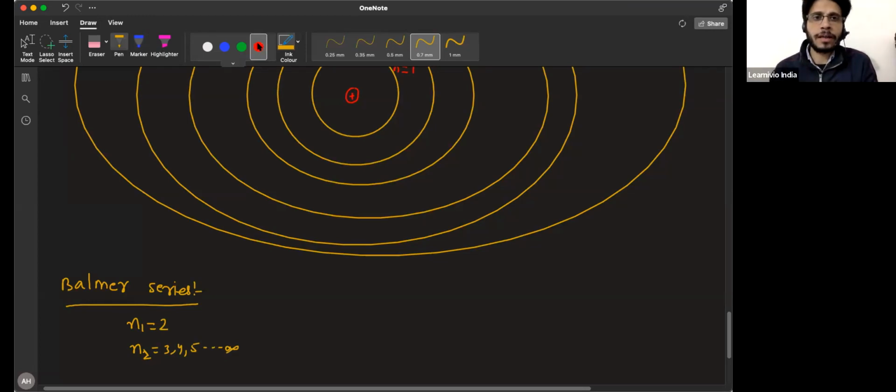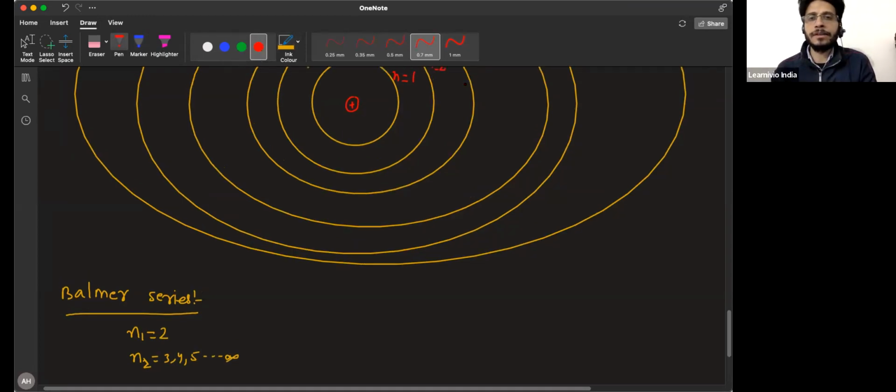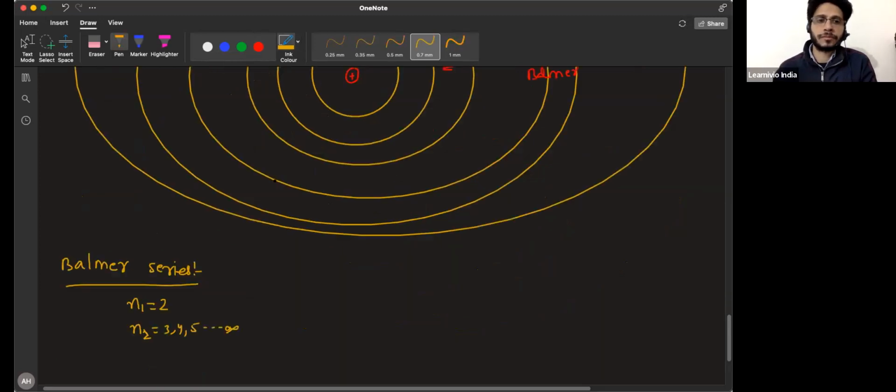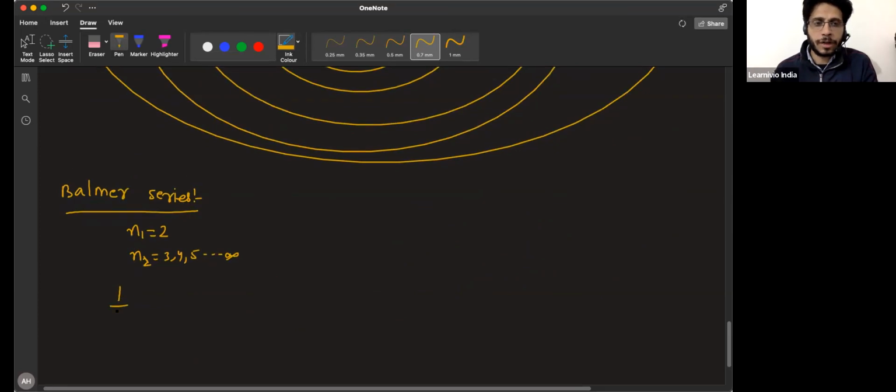If you have a transition from any higher energy state to the n equal to 2 state, meaning a transition from 3 to 2, or from 4 to 2, or from 5 to 2, or from infinity to 2, then this is known as the Balmer series. So you can write 1 by lambda is RH times (1 by 2 square minus 1 by n2 square).